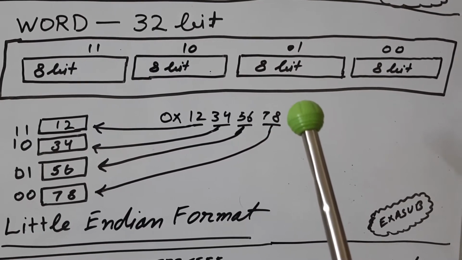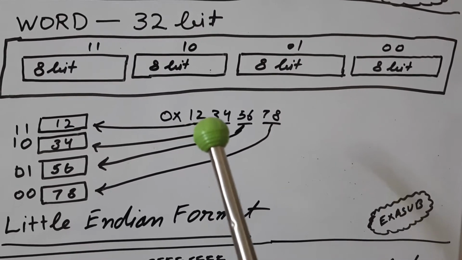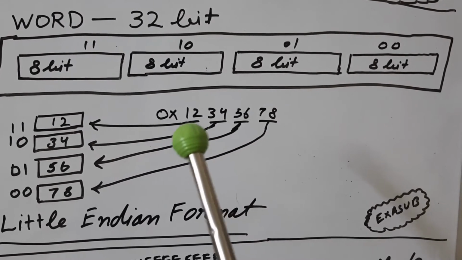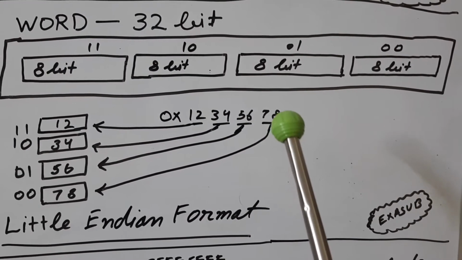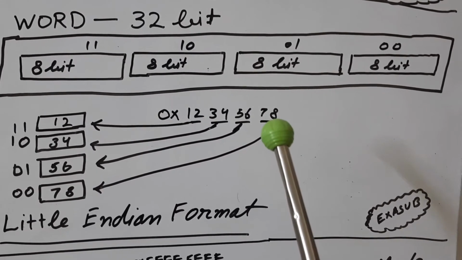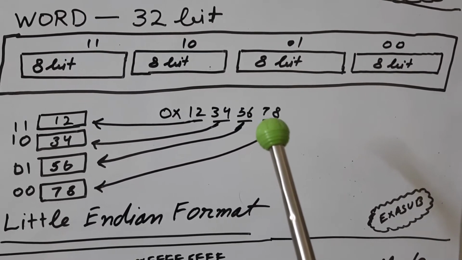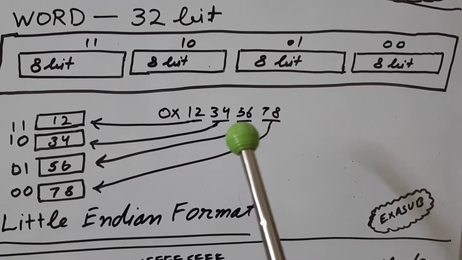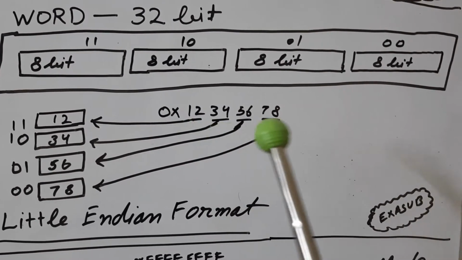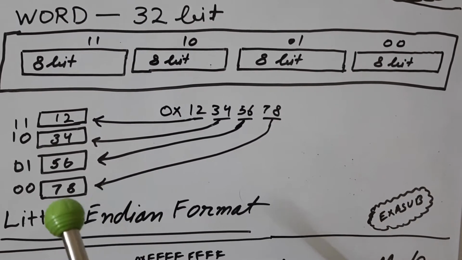There are pairs of two numbers: 78 is one pair, 56 is one pair, 34 is one pair, and 12 is one pair. Each of these pairs is made up of 8 bits. The lowest pair goes into the lowest address.